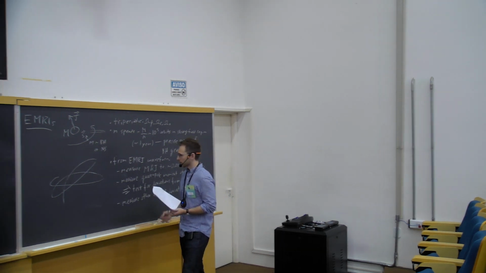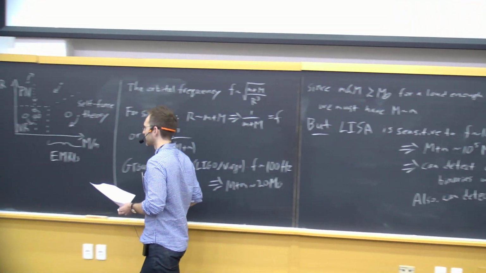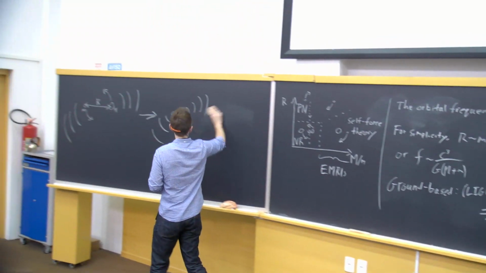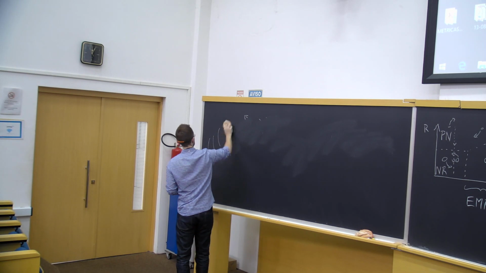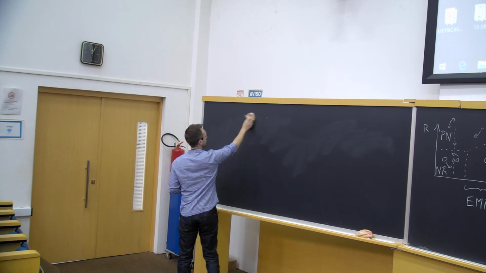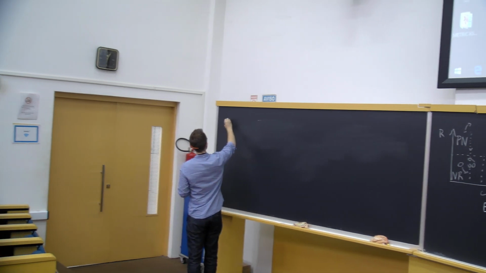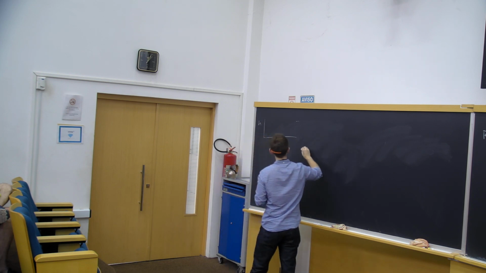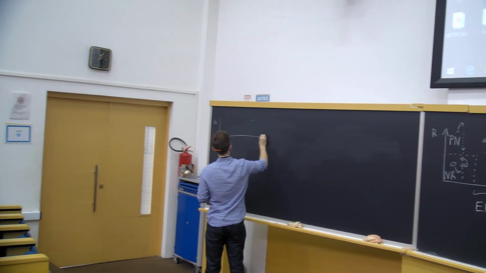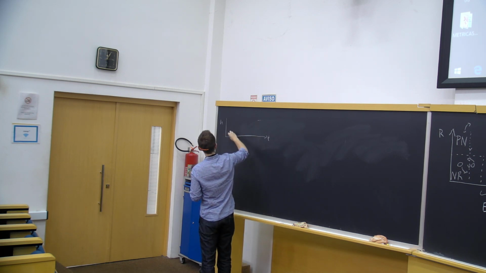But to make all these measurements, we really need a very precise model of the EMRI and of the waveform that comes out of it, because typically, if this is the strain measured by the detector, and it's a function of time, the EMRI signal is going to be quite weak.